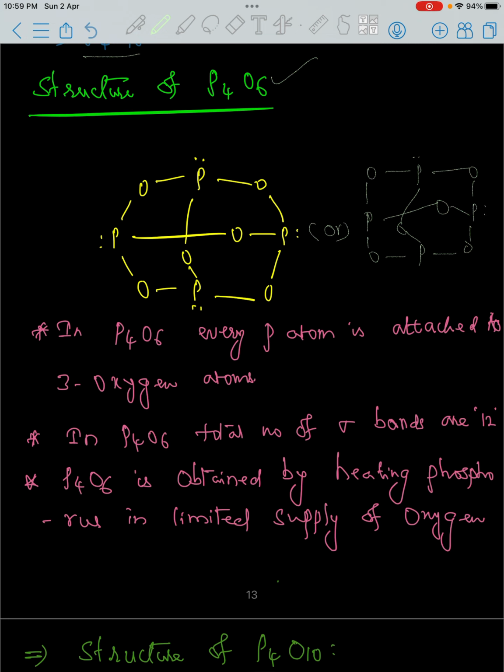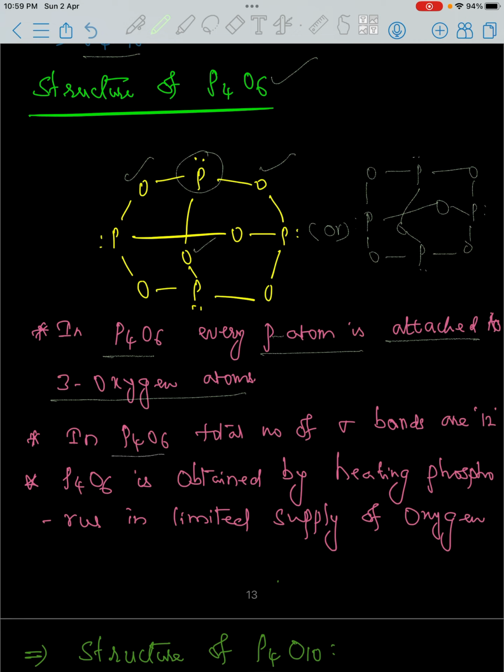Here there is a lone pair on every phosphorus. In P4O6, every phosphorus atom is attached to 3 oxygen atoms. If you consider this phosphorus, it is connected to this oxygen and this oxygen. Like that, every phosphorus is attached to 3 oxygen atoms.